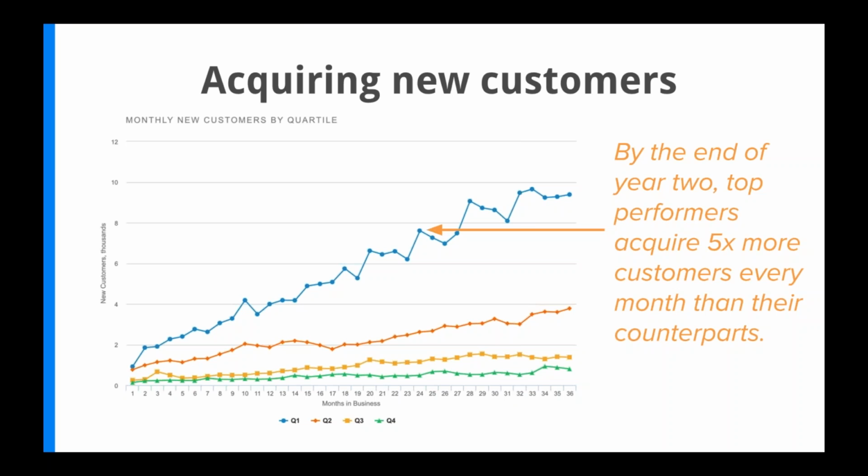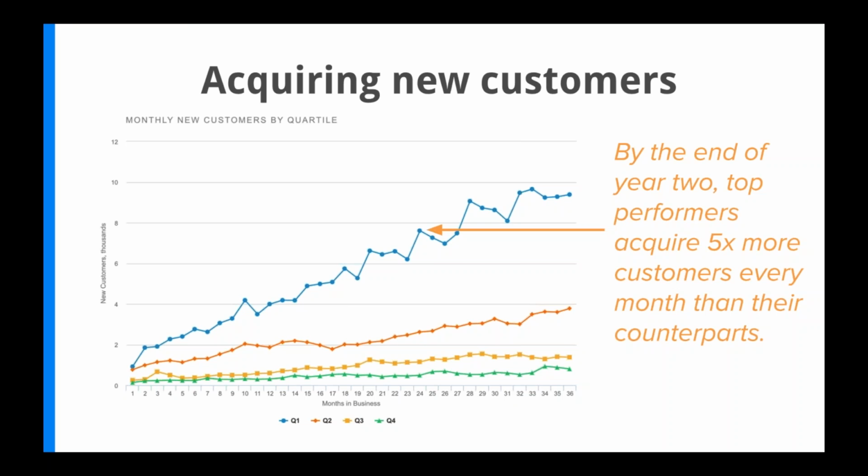And we see that by month 2, the top companies have already broken away from the pack when it comes to their new customers. They're already doubling the number of new customers per month, and this gap widens over time. And like it says on the chart, by the end of year 2, the top performing customers have 5 times as many new customers cumulatively than their counterparts.